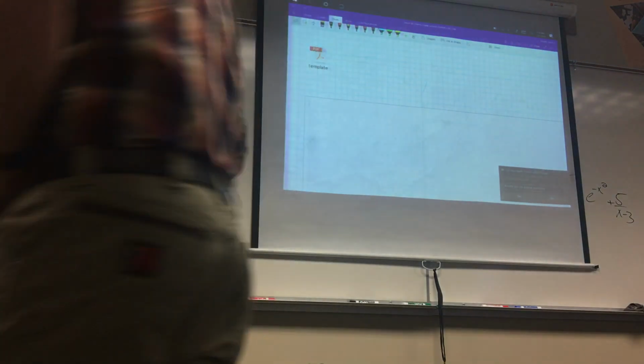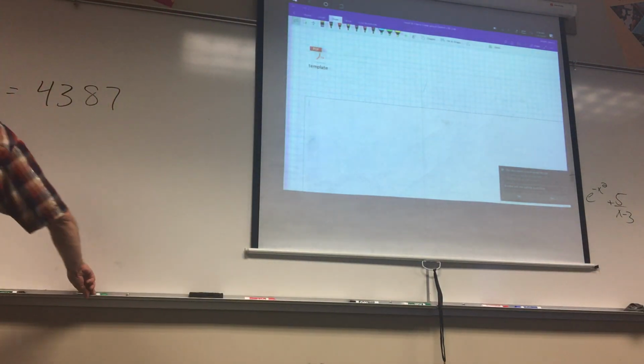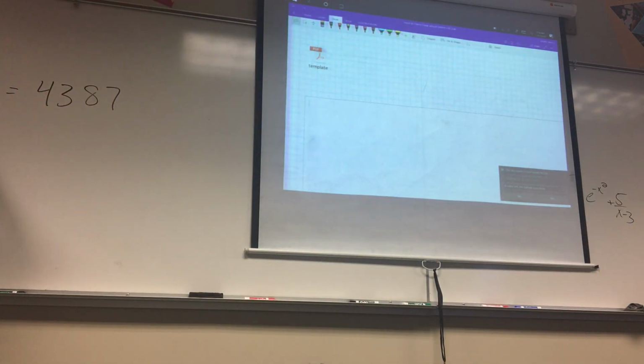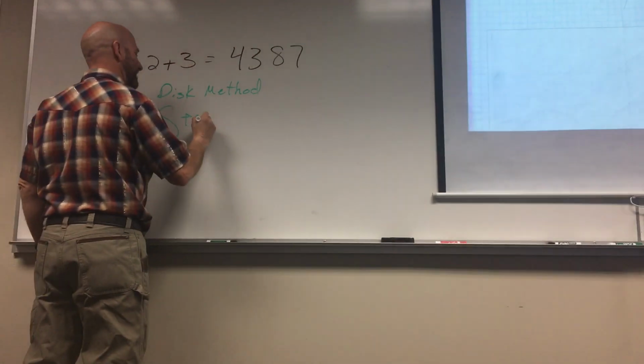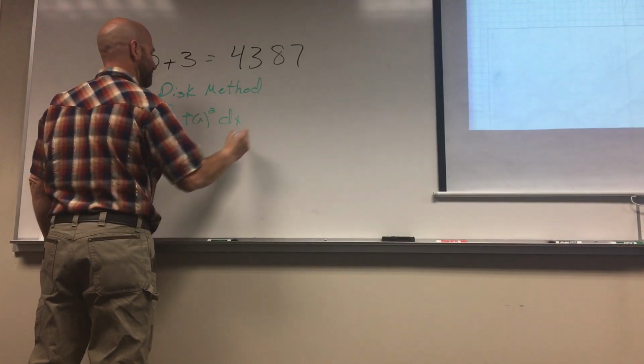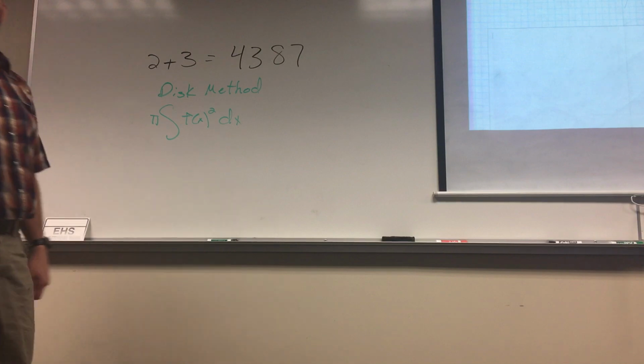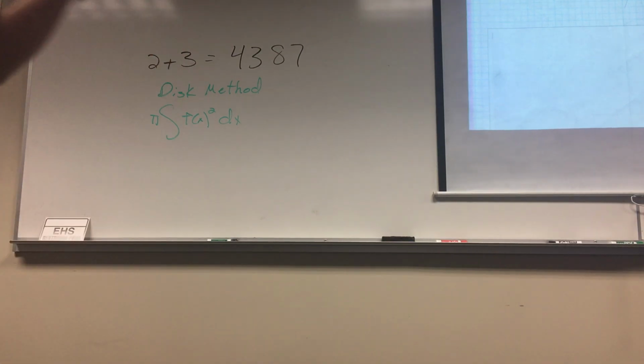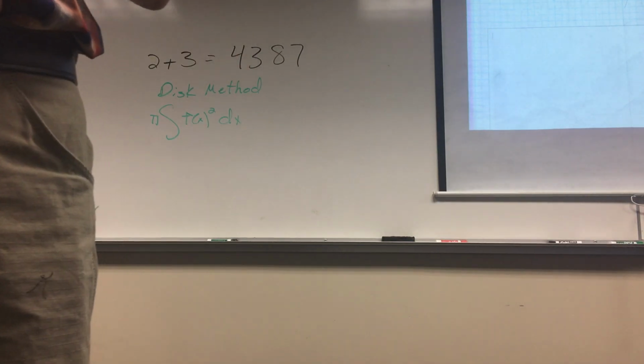Now, when we use the disk method, we had the integral of pi f of x squared dx if we're going around an axis. Why is that the formula for the disk method?